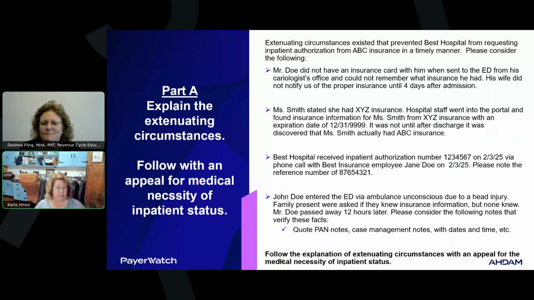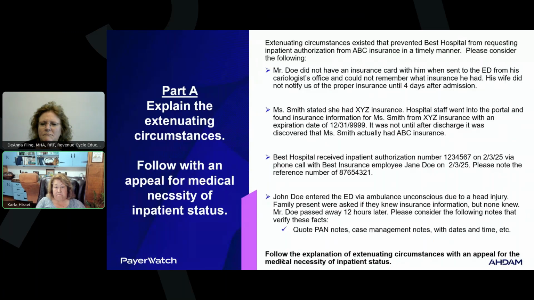Another one: Best Hospital received inpatient authorization on this date via a phone call with the insurance employee's name, the date, and use the reference number of the phone call, because they can go back in their records and look at what exactly transpired.